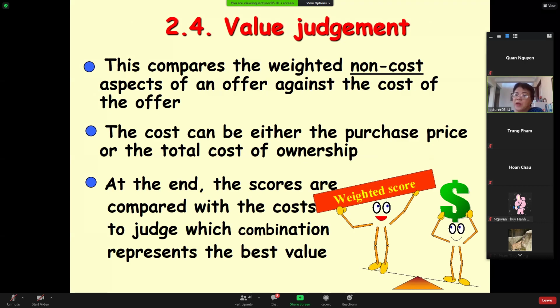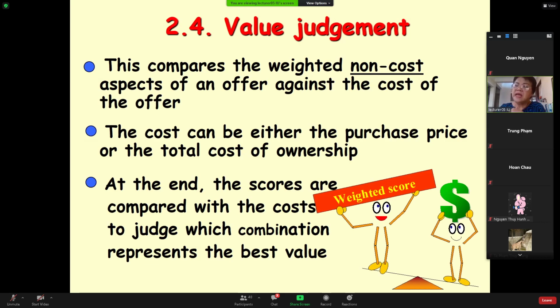This compares the weighted non-cost aspects of an offer against the cost of the offer. And the cost can be either the purchase price or the total cost of ownership. At the end, the scores are compared with the cost, and the combination represents the best value.